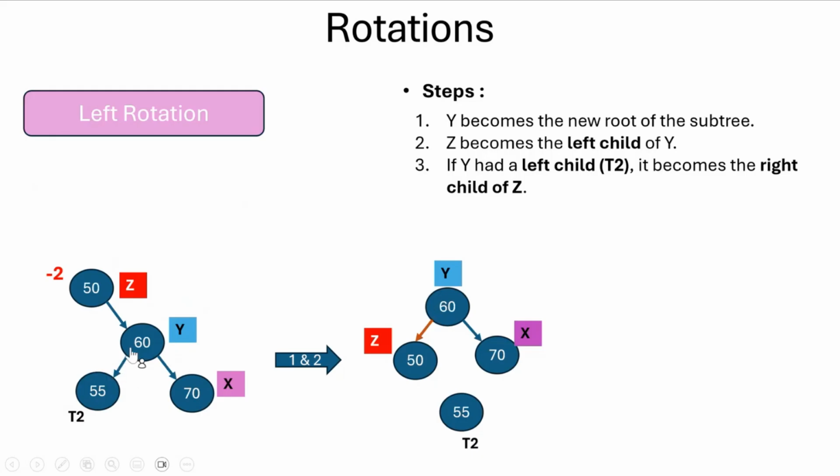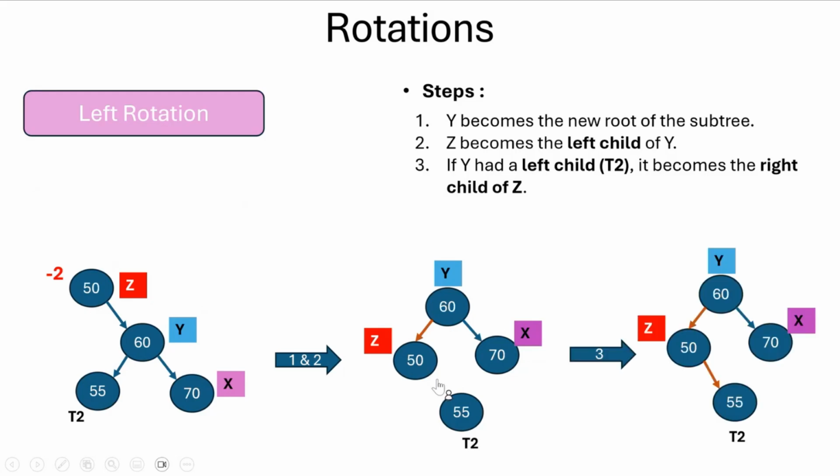Now the link between 50, 55 and 60 is broken. So where will 55 go? 55 will go on the left side of 60. And it was on the right side of 50 before. So that's why it will become the right child of Z. So this is the left rotation logic using a delete operation. It is the same as the insert operation.